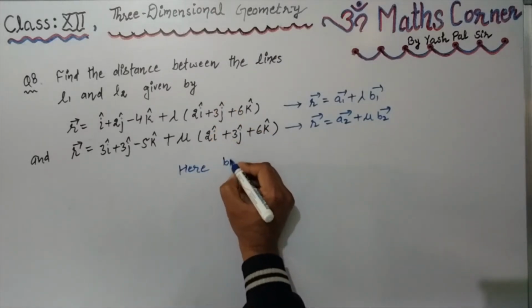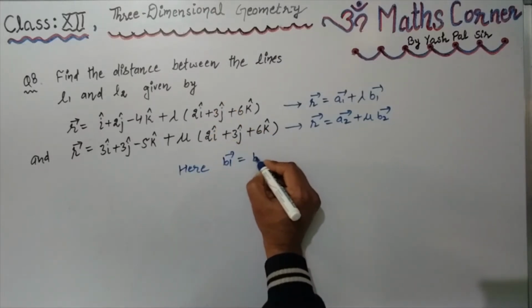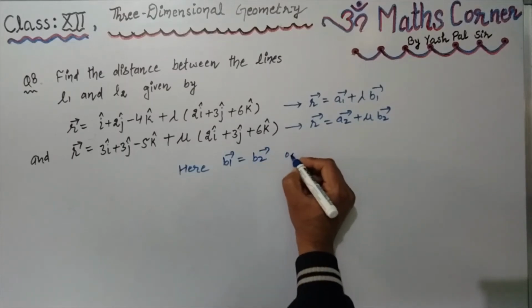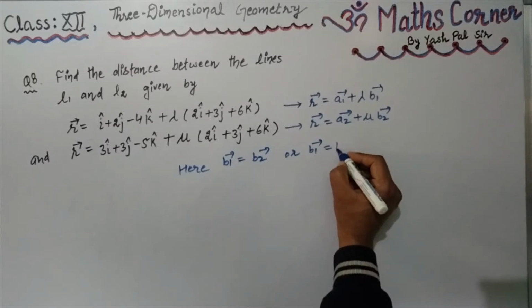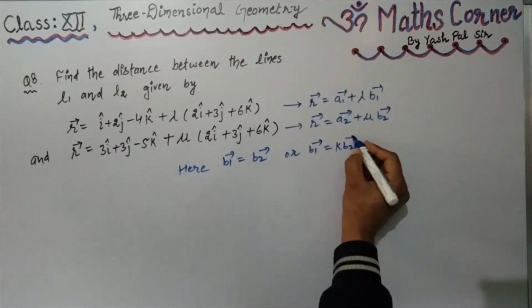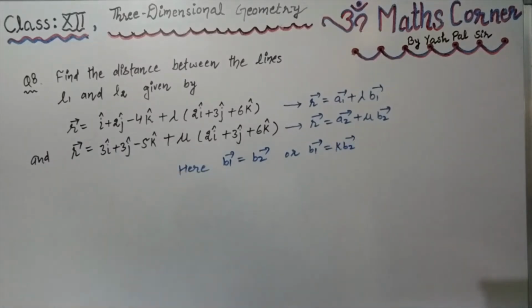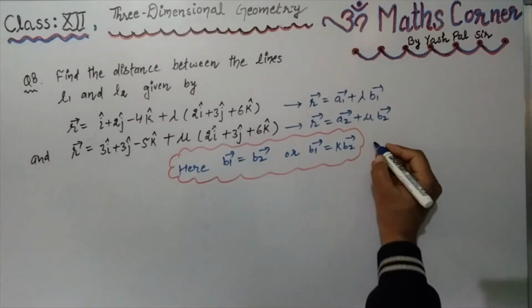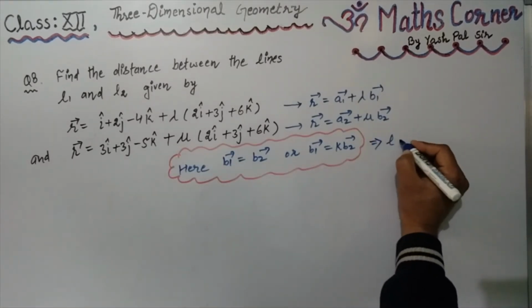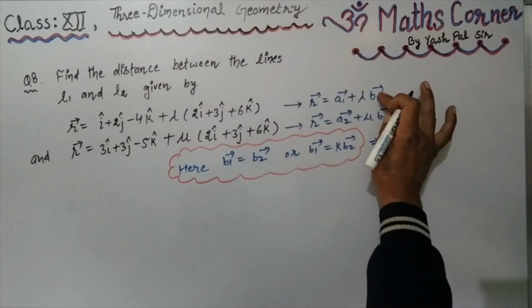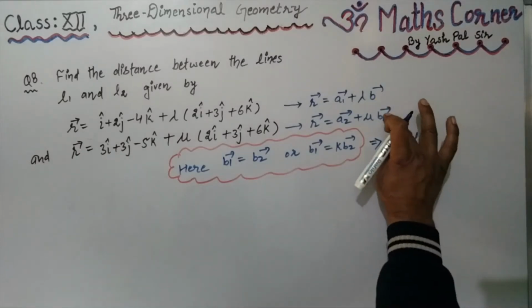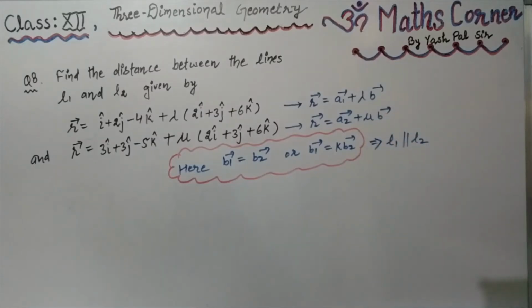But here we see that b1 is equal to b2, or b1 is proportional to b2. It means the two lines are parallel. So L1 is parallel to L2.